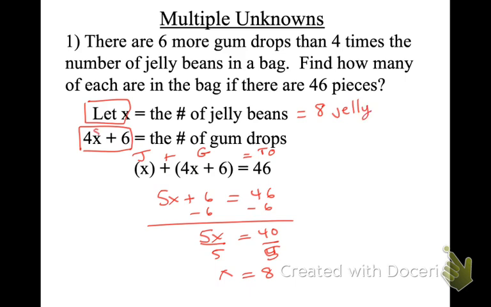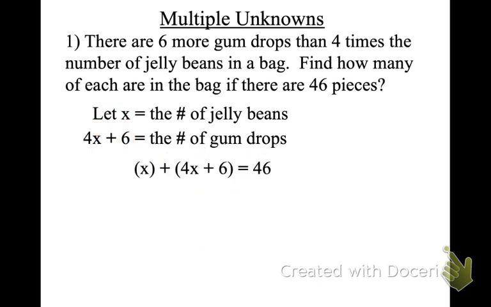And then if I substitute 8 in here, we get 32 and 6. That makes 32 and 6. 32 and 6 is 38 gumdrops. Okay? So this is taking it to a word problem.